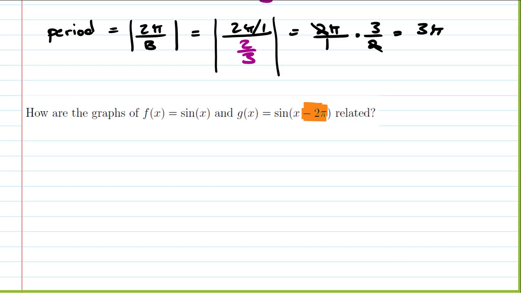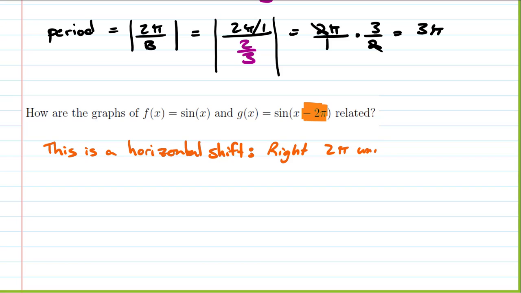This is a horizontal shift. Since we're subtracting, it's going to go right. How far? 2 pi units. Well, wait a minute. What was the period of the sine function?